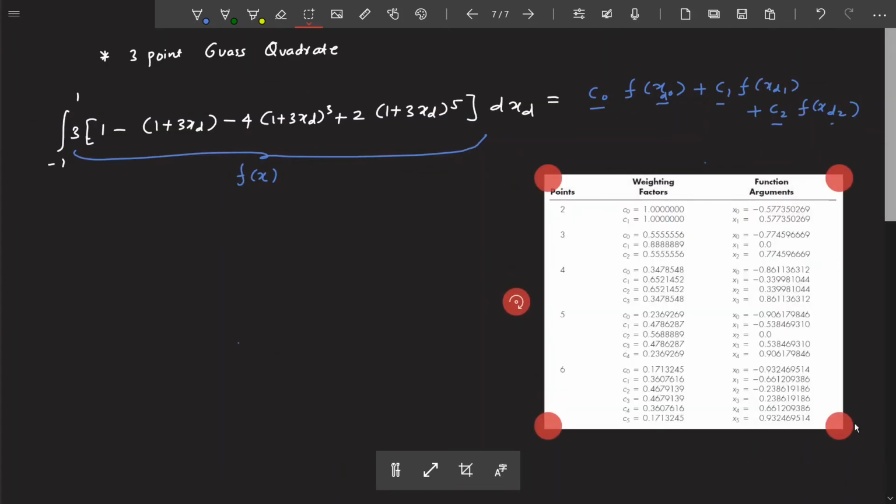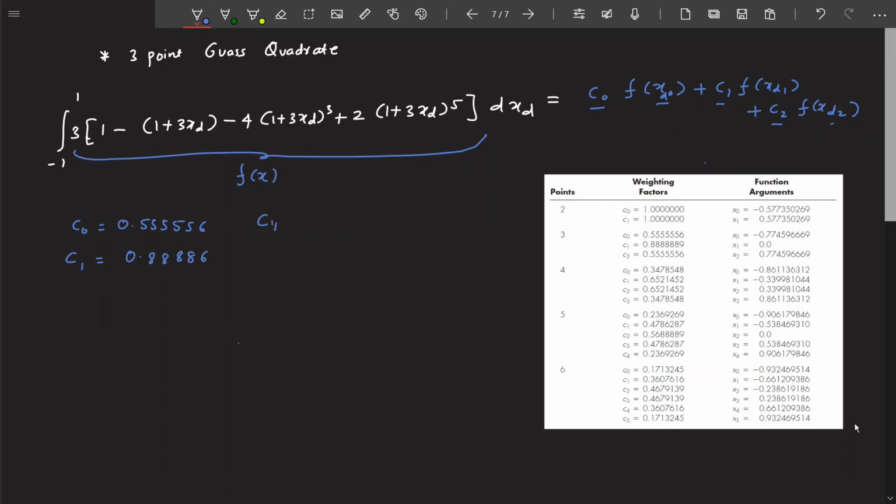So what is the value of c0? 0.555556. I'll have to truncate it somewhere. What is the value of c1? 0.88886. And c2 is 0.555556.